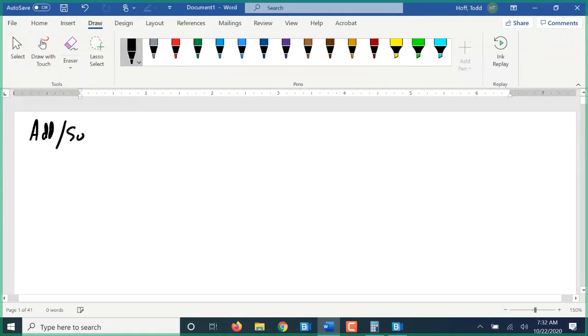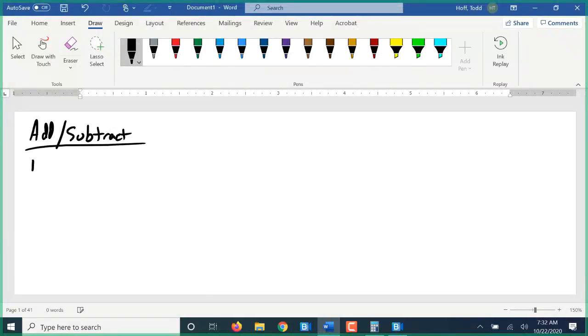And what it comes down to is our same basic rules we've used for everything else. When we add or subtract, we need the same name. Two things that don't have the same name cannot be combined with addition or subtraction.